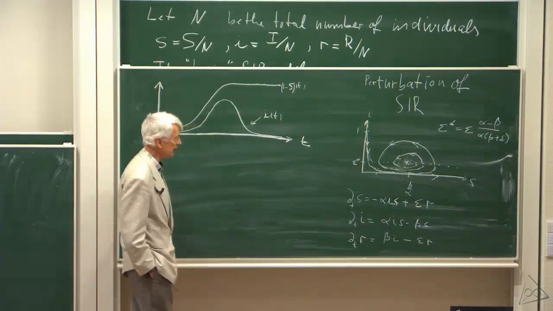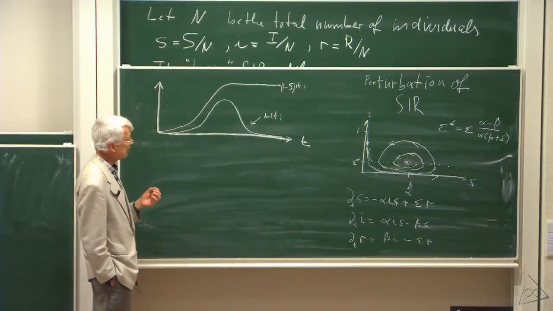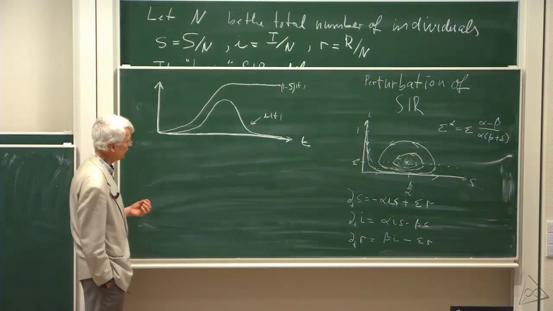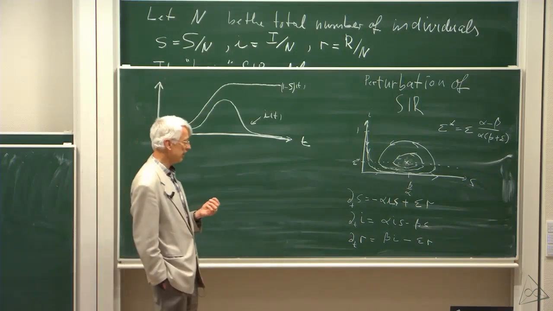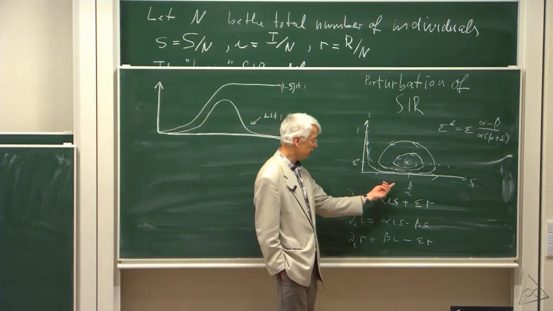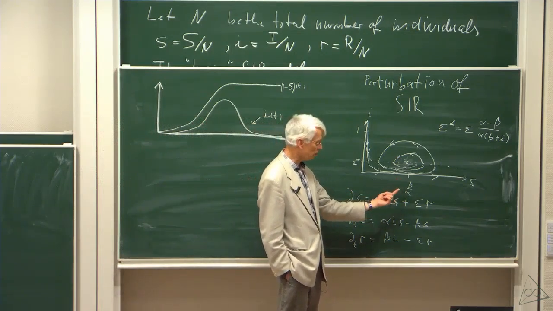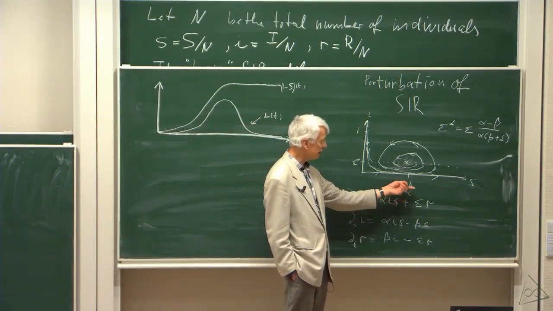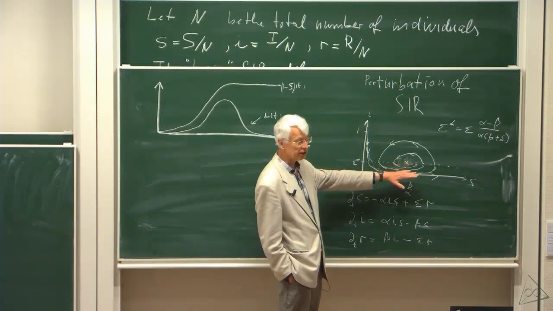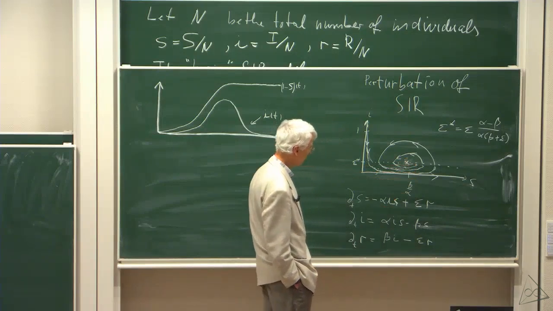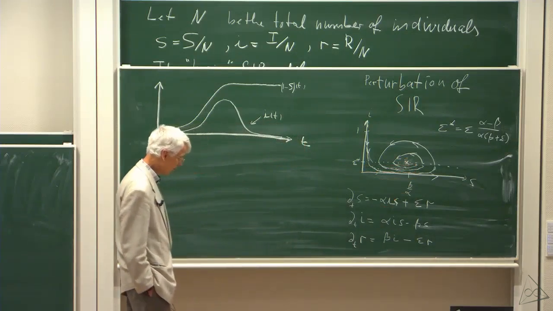So that was the first thing that I wanted to tell you. Now, the other thing is, of course, it might be that this value beta over alpha is actually larger than 1. That means alpha is smaller than beta. In that case, you don't have this picture. So there is no epidemic and you are in good shape.